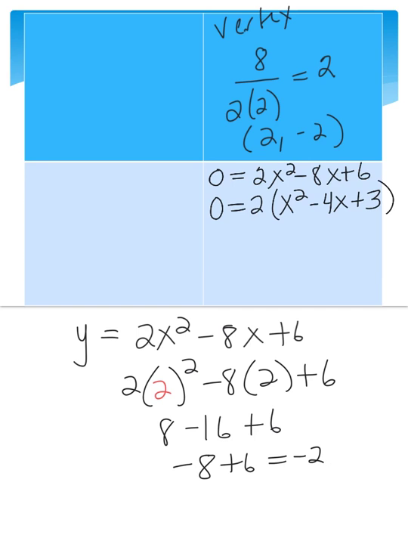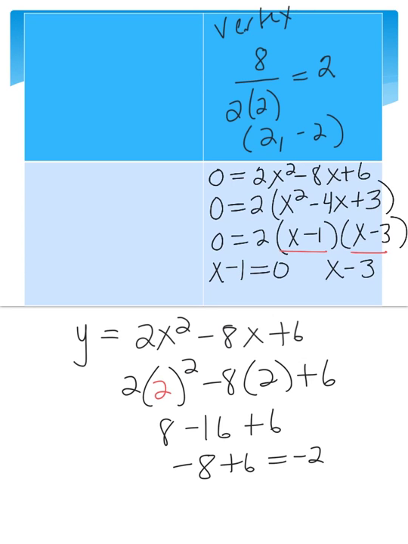Are there two numbers that multiply to 3 and add to negative 4? There are: negative 1 and negative 3. So we're going to set each of these equal to 0. I've got x minus 1 equals 0 and x minus 3 equals 0. So in this case, x is equal to 1, and in this case, x is equal to 3.